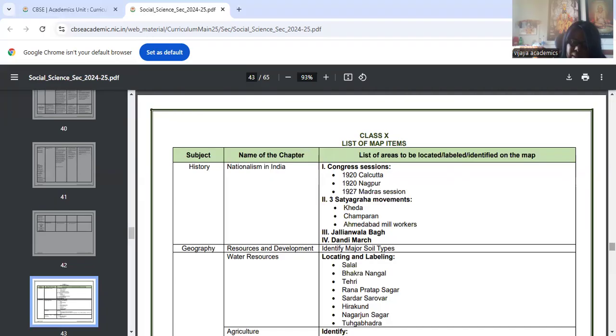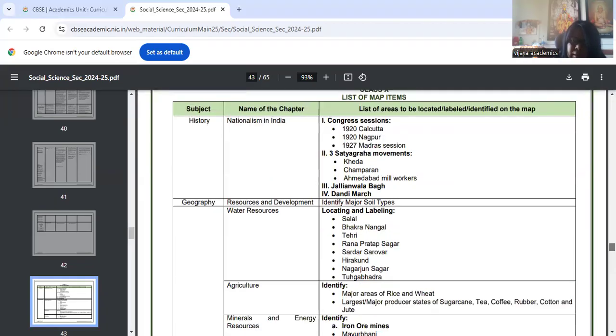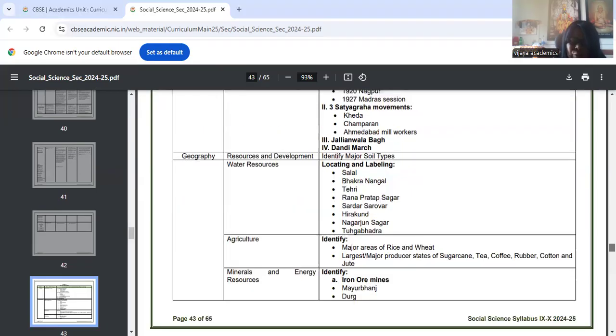Second part is three Satyagraha movements: Kheda, Champaran, Ahmedabad mill workers. Third one is Jallianwala Bagh. And fourth one is Dandi March. Only these are the topics students are going to practice. If they practice, they are going to get marks easily for history map work.